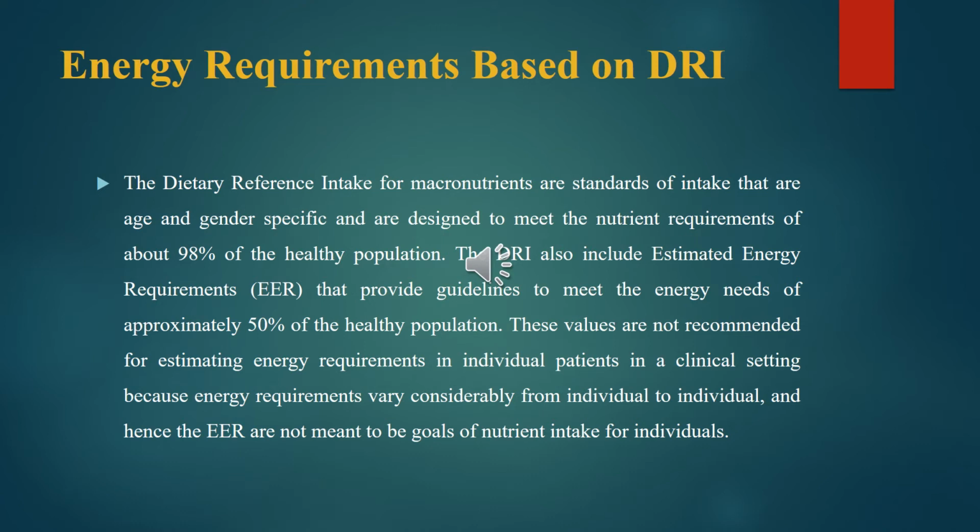These values are not recommended for individuals; these are for the population. For example, for the age group 50, according to their requirement, the energy requirement is 1600 calories, but this requirement is not for individuals, and it differs according to the patient, their disease and their body needs.